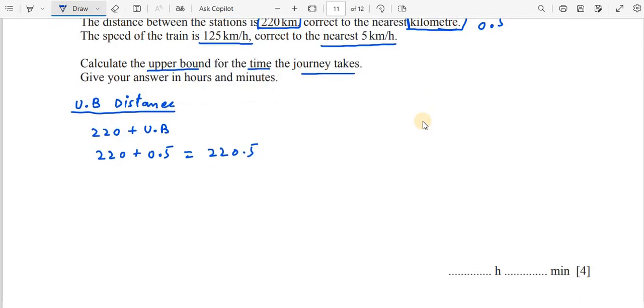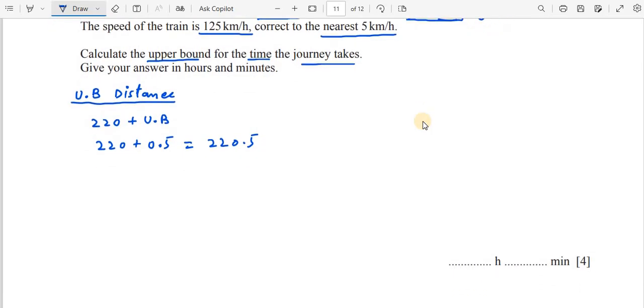Now we find the lower bound of speed. The second one is the lower bound of speed. So the speed is 125 kilometers per hour. Lower bound means subtract.